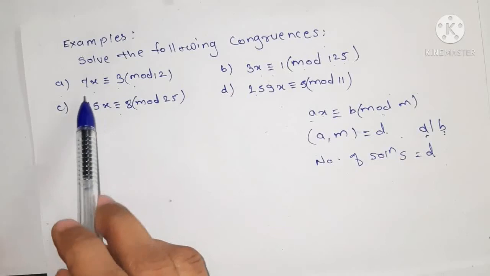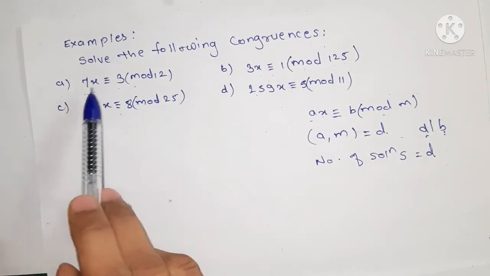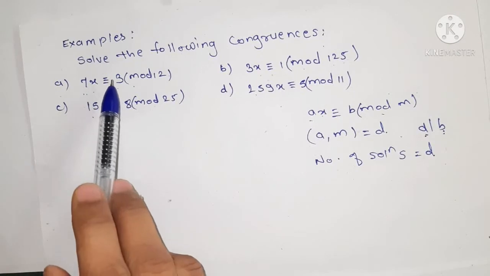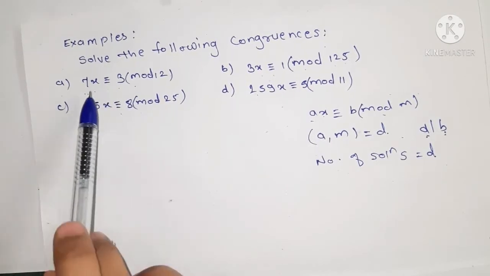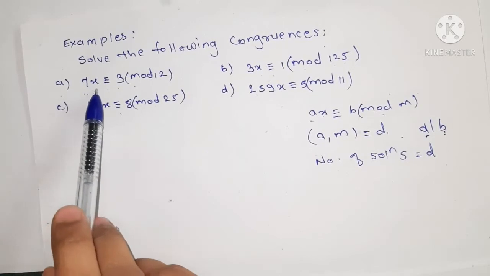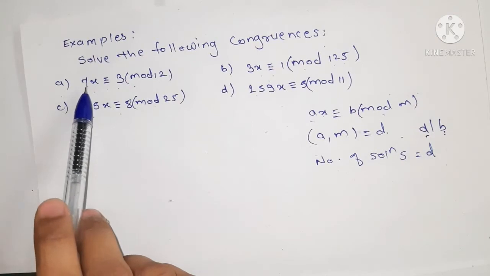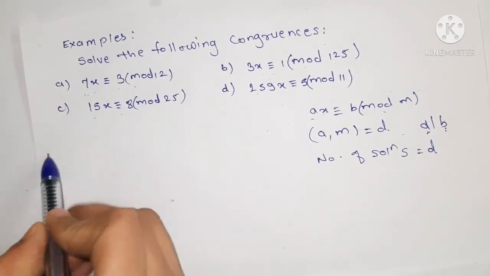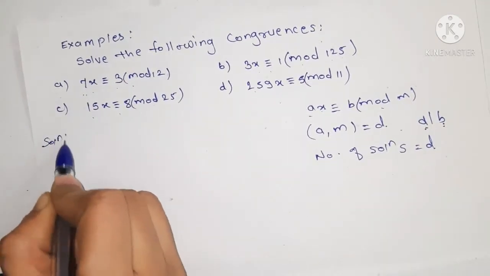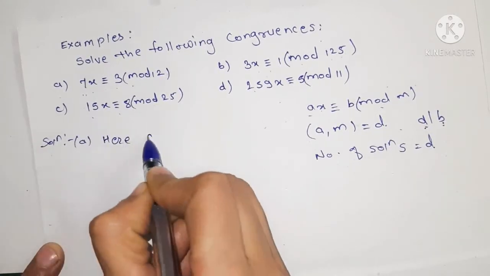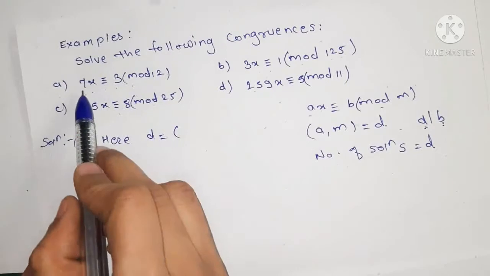So we solve this first equation 7x congruent to 3 modulo 12 by two methods. Our first is by solving the Diophantine equation, and the second method uses the inverse modulo that we saw in the last lecture. In the solution we write D equal to the GCD of 7 and 12.